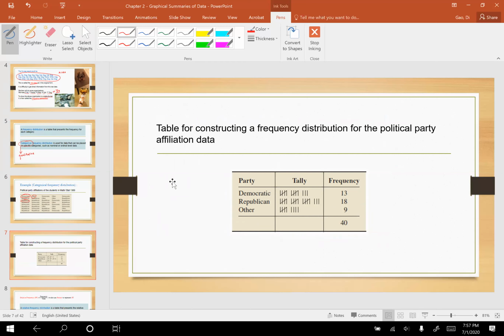Now let's see what we have here. We have categories 1, 2, 3, and then we have the tally, and the frequency just shows the count of the number for each category. So 13 plus 18 plus 9, that's 40 total.